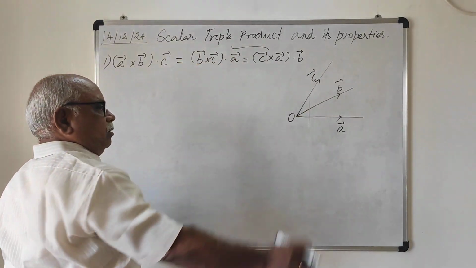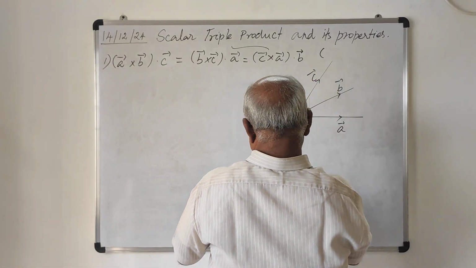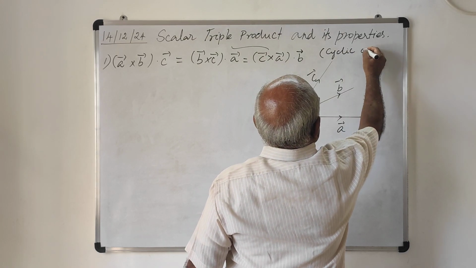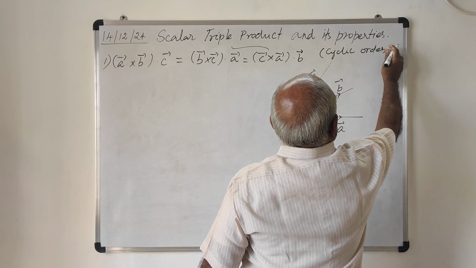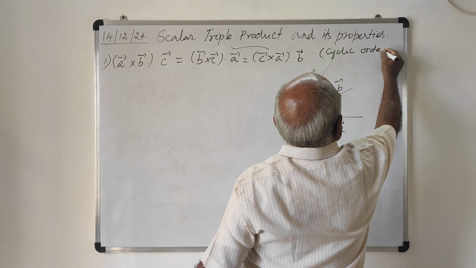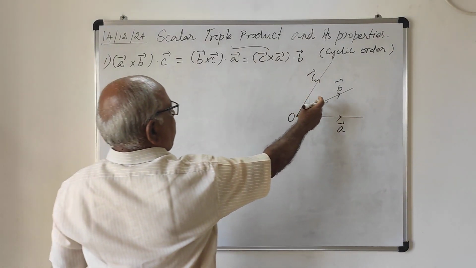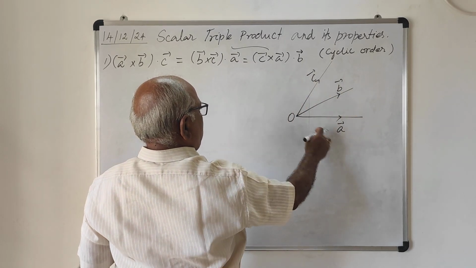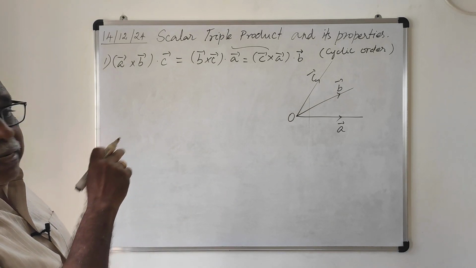They are equal. A cross B dot C equals B cross C dot A equals C cross A dot B. These three are equal if you consider them in cyclic order.